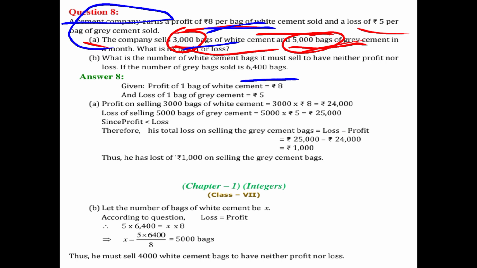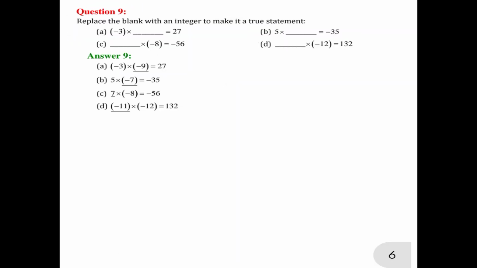Now let's continue and find the solution of question number 9. Replace the blank with an integer to make it a true statement. This is very simple. What should be multiplied to negative 3 so that we get positive 27?